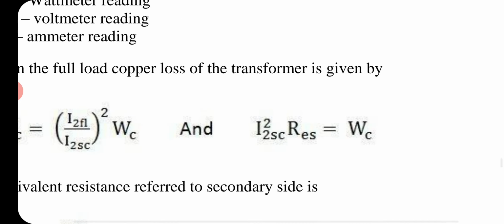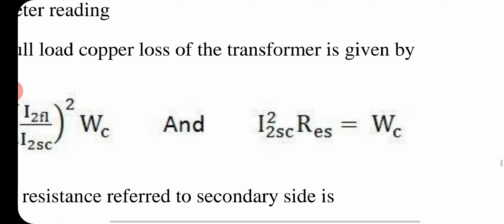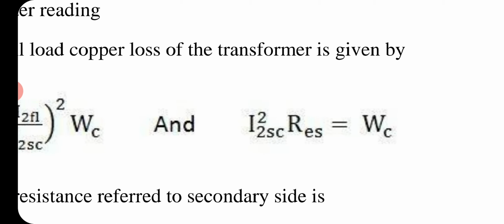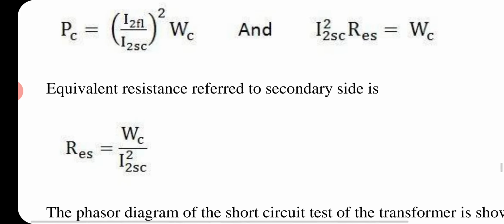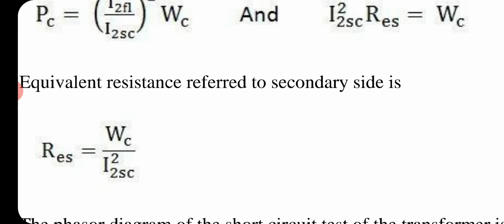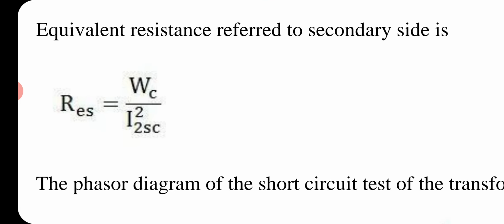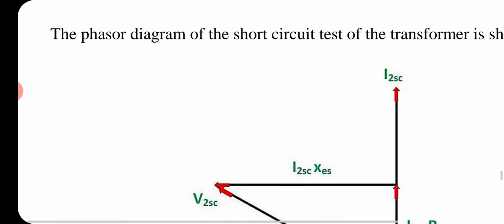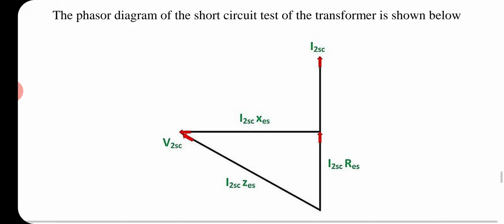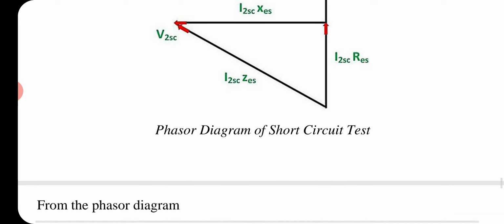And we know that WC, the reading of the wattmeter, is equal to I2SC squared into RES, where RES is the equivalent resistance referred to the secondary side. So we can write RES equals WC upon I2SC square. Now this is the phasor diagram of the short circuited transformer, which we already studied.